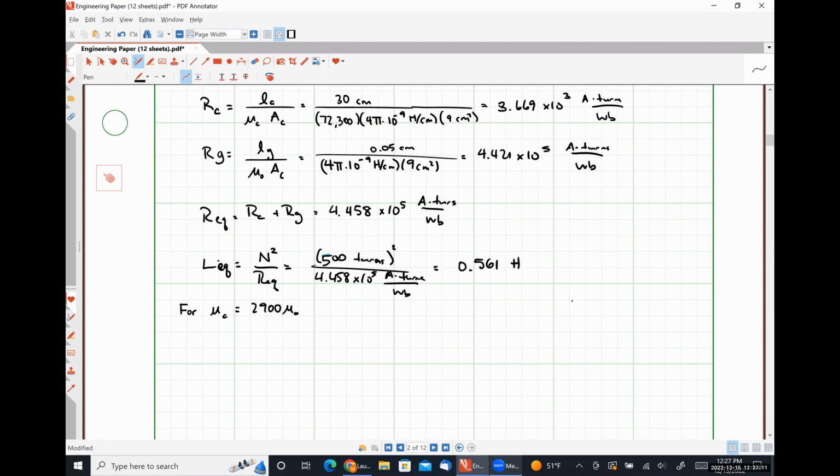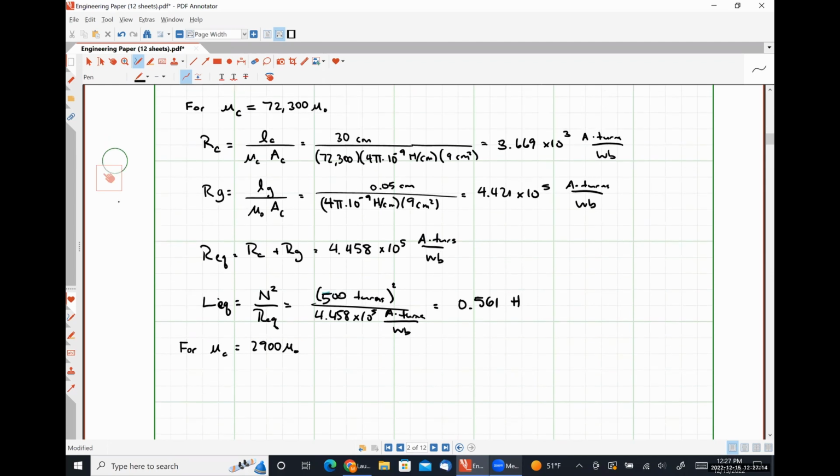So right now, with a very high permeability core, we see that the air gap is a much larger contributor to the overall reluctance, right? As our permeability goes down, we should see that the reluctance of the core is going to increase relative to the air gap, and so it's going to make more of a difference.